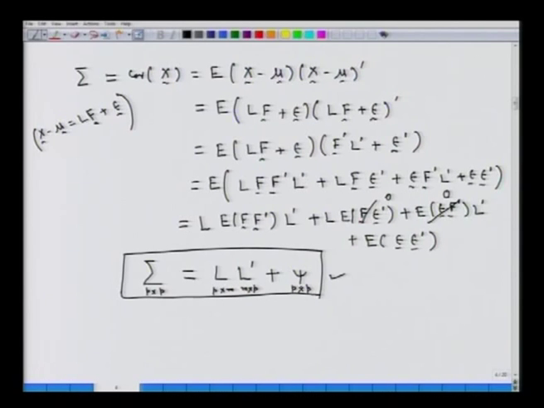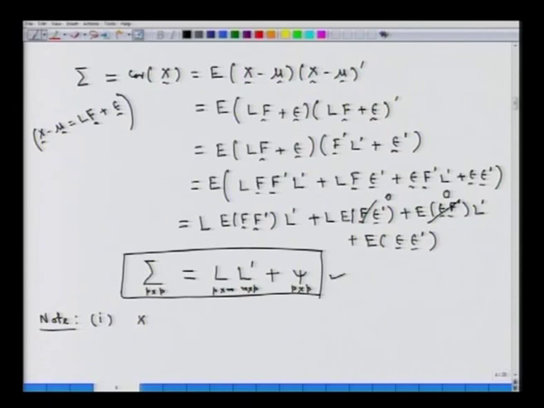Now a few things can be noted from this relationship, and we will look at those before we proceed further. The first thing we note is that x minus mu is LF plus epsilon.